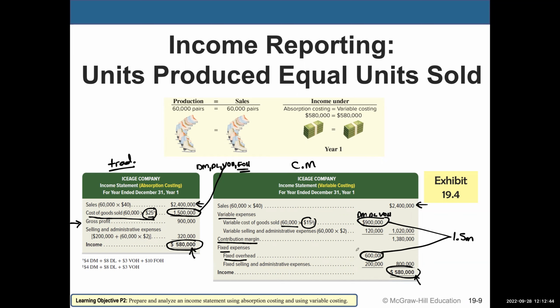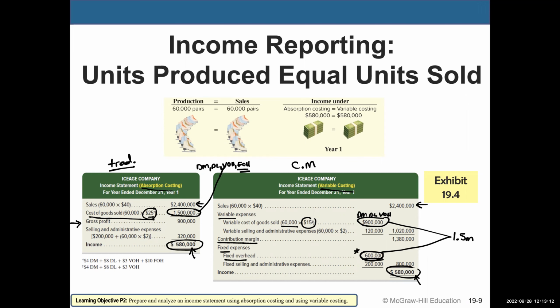The reasons years 2 and 3 will have different income is because under variable costing, this fixed overhead is a period cost, which means in all instances, all 600,000 will be recognized for each year under variable costing. However, under absorption costing, not all 600,000 is going to be recognized in year 2.